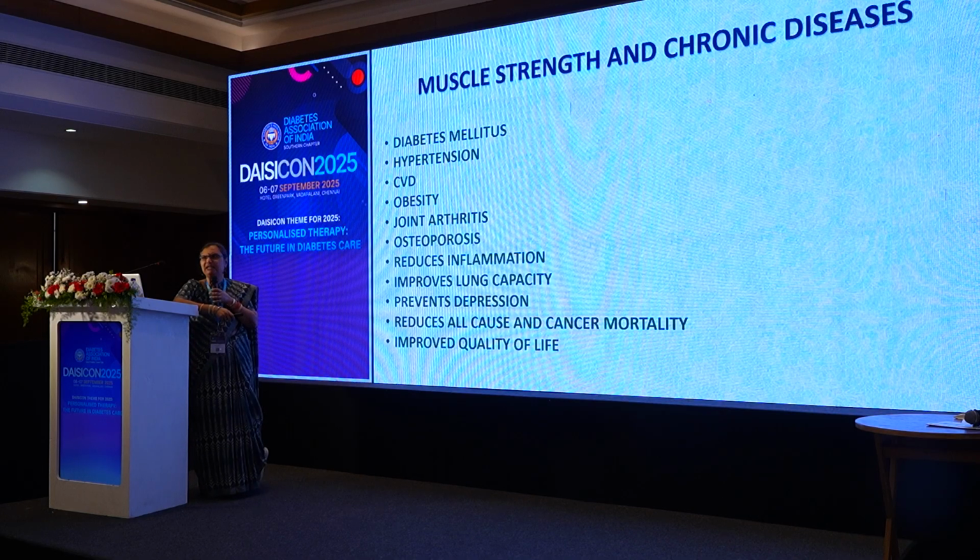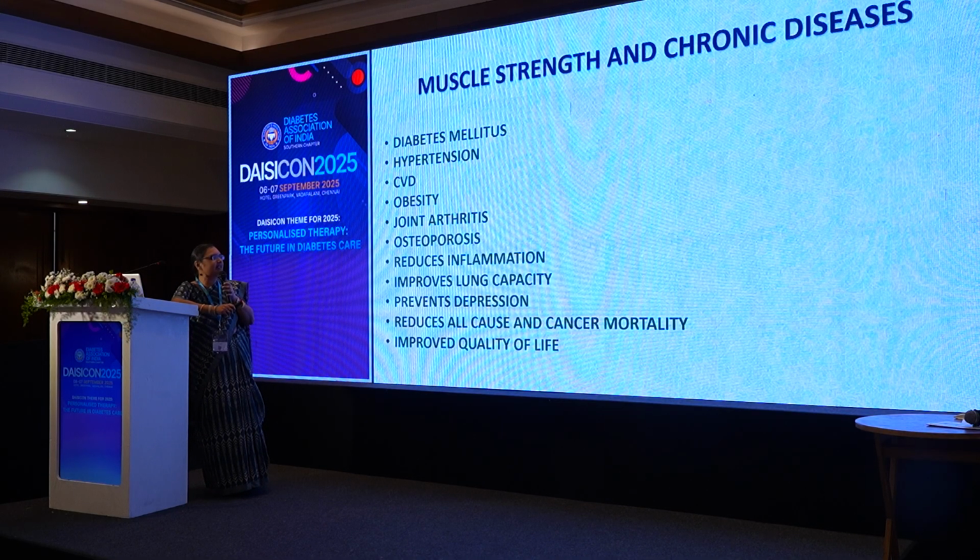Much has been talked about lipid variability. So for CVD, it controls diabetes, it controls hypertension, and it also helps in reducing dyslipidemia. Obesity: whenever we have to reduce the fat mass, you have to increase the muscle mass. Anything related to bone, muscle is the first which has to be treated.